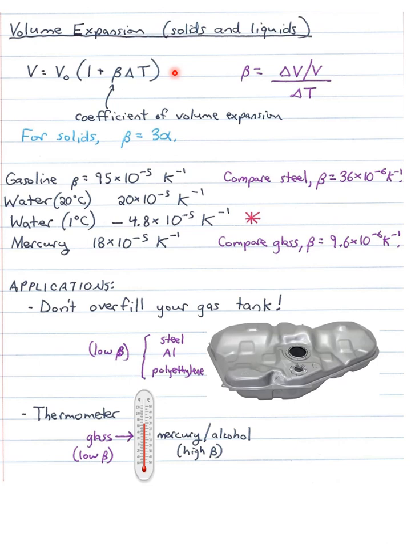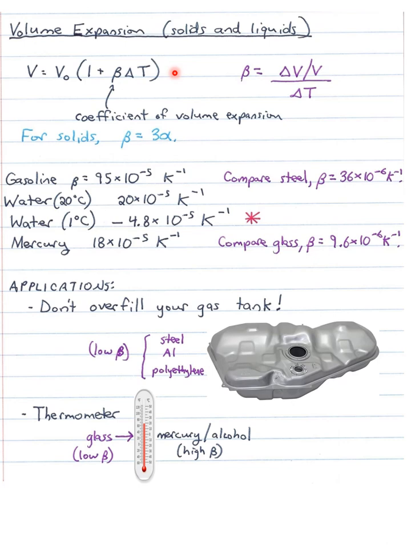However, it's changing. Particularly weird is water between the temperatures of 0 degrees Celsius and 4 degrees Celsius, right close to freezing. It is actually negative. Its coefficient of volume expansion is negative. Here we have water at 1 degree Celsius is negative 4.8 times 10 to the negative 5.